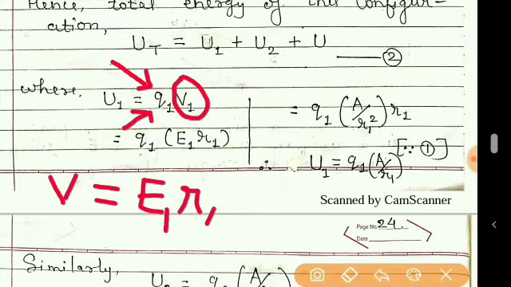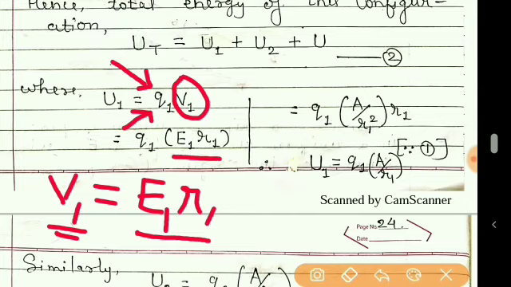Here the electric field is not uniform, and that's why at different points the electric field will be different, and so the potential is also different. So here we have used the same concept that V1 is nothing but E1 R1.